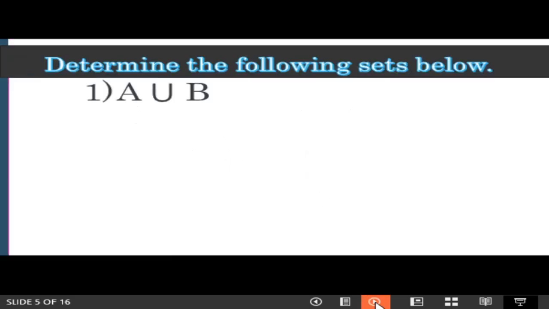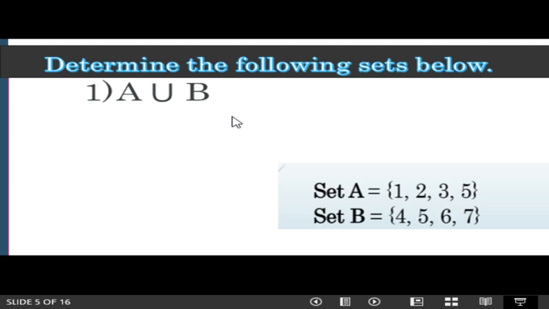Now let us determine the union of A and B. In finding the union of two sets, all you need to do is copy all the elements found in both sets. So we have 1, 2, 3, 4, 5, 6, and 7. As you notice, there are repeated numbers in both sets.